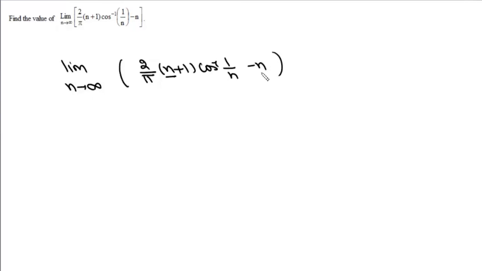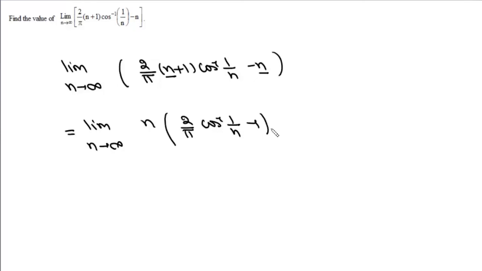Now what we'll do is we'll take these terms of n together, then we can write this as limit n tends to infinite, and this is n, and it will be 2 upon pi cos inverse 1 by n minus 1 plus 2 upon pi cos inverse minus 1 by n.